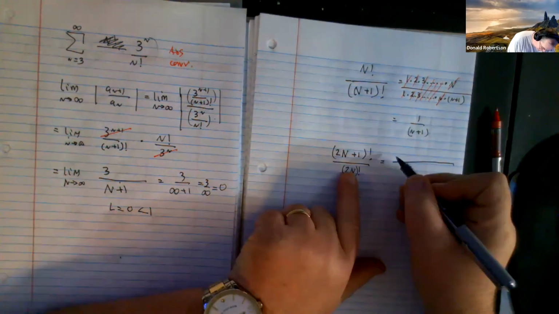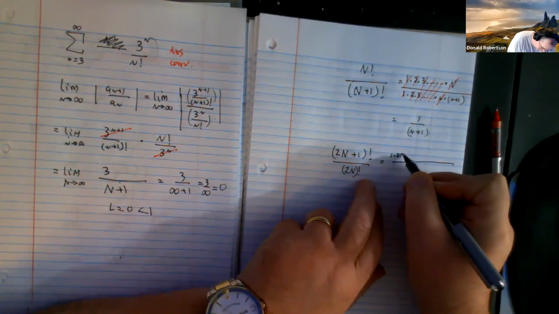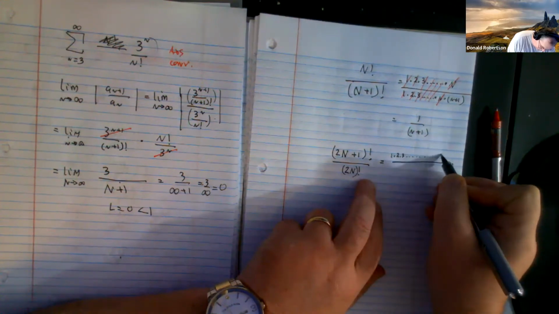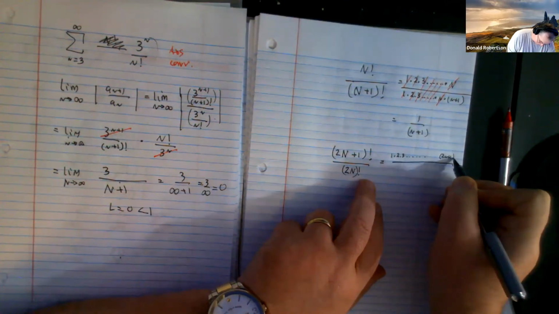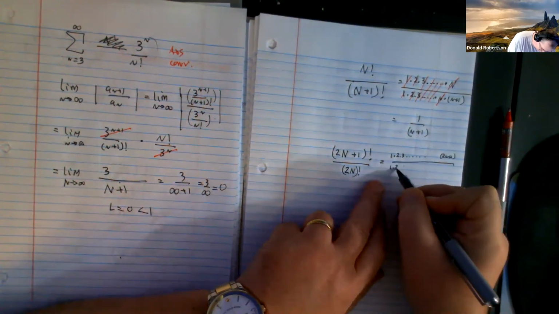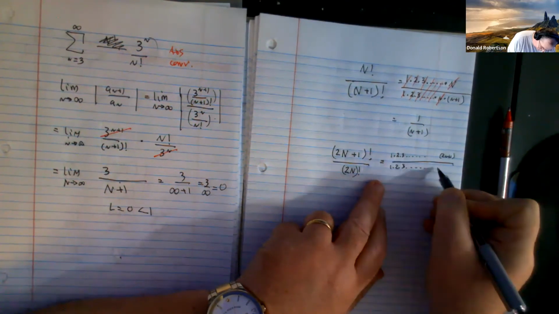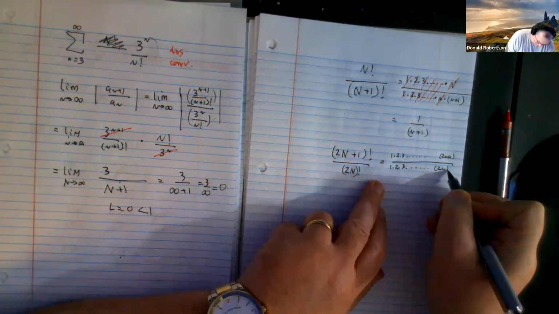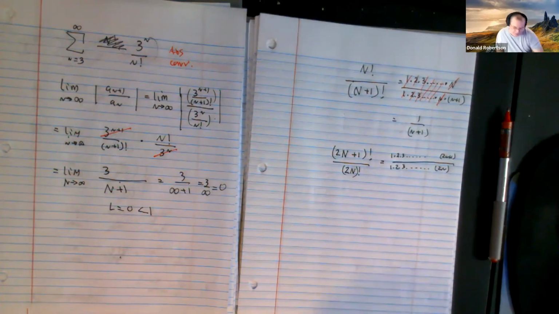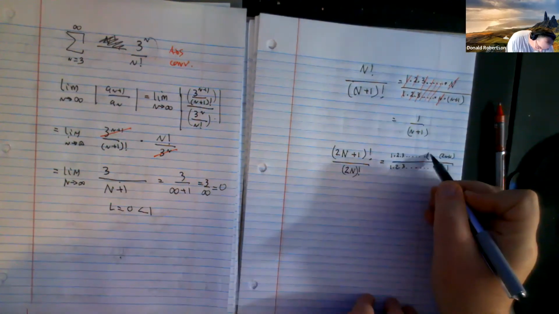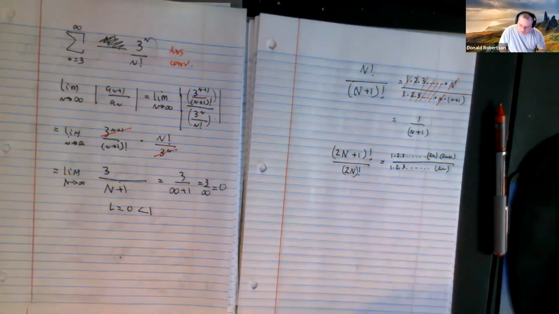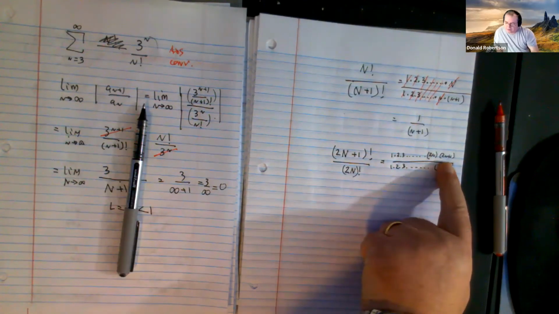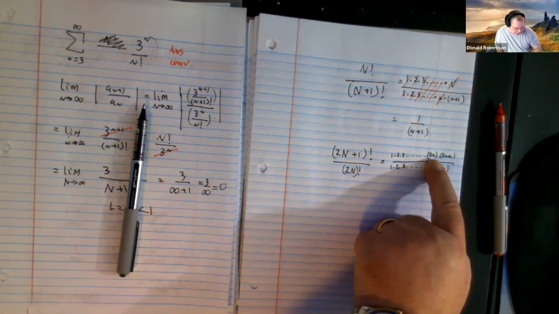Now in this case, wouldn't the answer be 1 times 2 times 3, and wouldn't the last number be 2n plus 1? And on the bottom, it would go 1 times 2 times 3, and you would finish on the last number, which is 2n. Wouldn't this number here be 2n? 2n plus 1, the one just before it would be 2n.